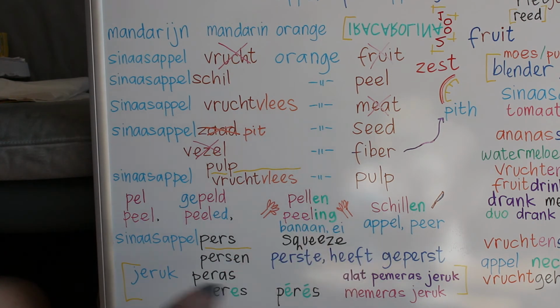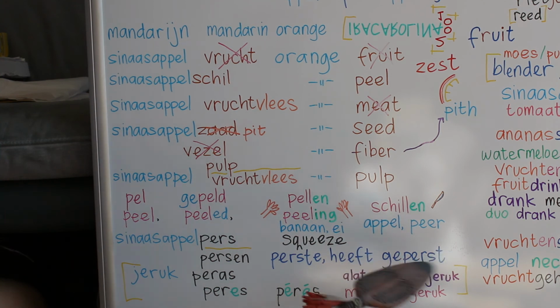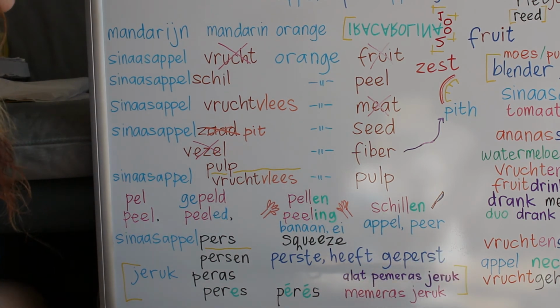And here is just an extra one because it's interesting. Squeeze: pers, heeft geperst. Heeft geperst means have squeezed.